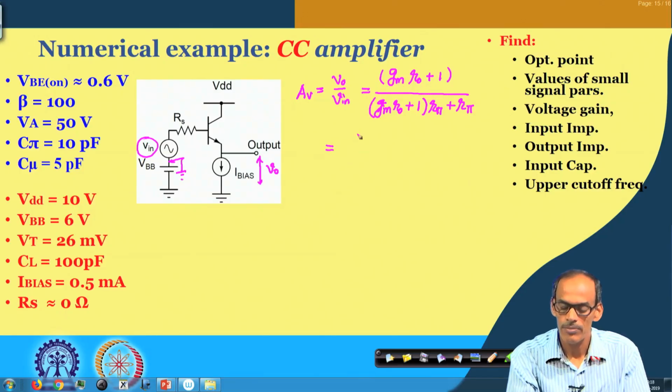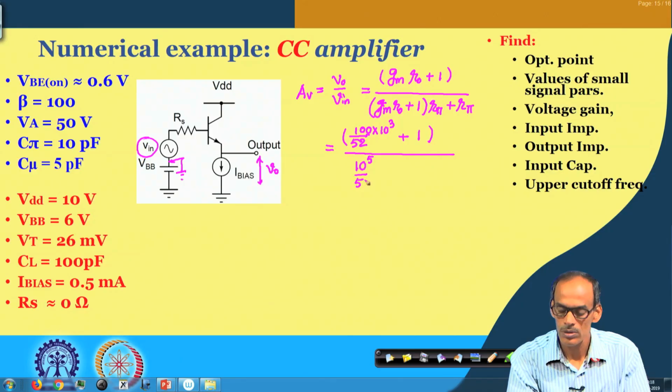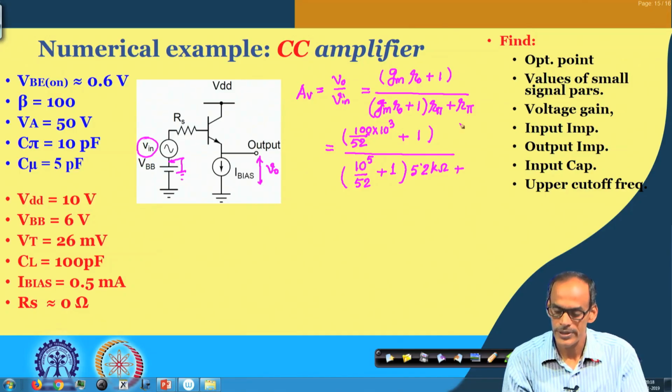So, gm is 1 by 52, and then r naught is 100 K, so 100 into 10 to the power 3 plus 1, and in the denominator we will have this gm into r naught, that is 10 to the power 5 divided by 52 plus 1 multiplied by r pi, that is 5.2 kilo ohms.